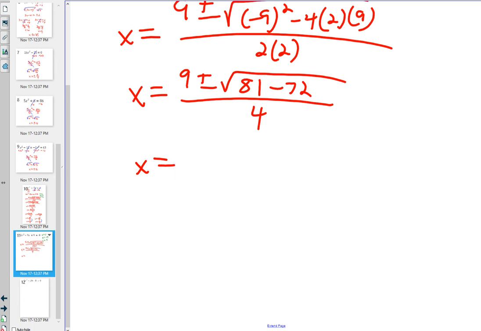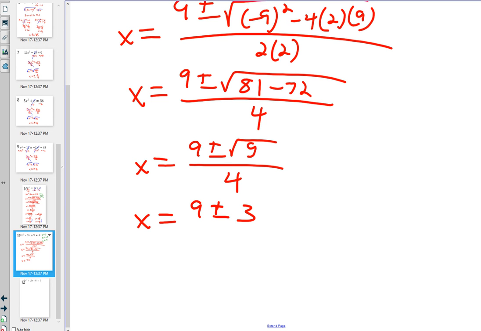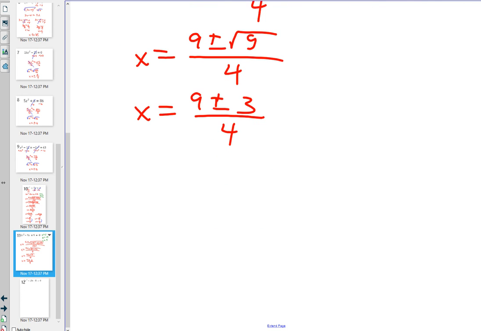So x is equal to 9 plus or minus the square root of 9, over 4. Sarah, what's the square root of 9? It is 3. So x is equal to 9 plus or minus 3 over 4. Because I was able to get rid of the square root and I still have operations left, I'll split it.